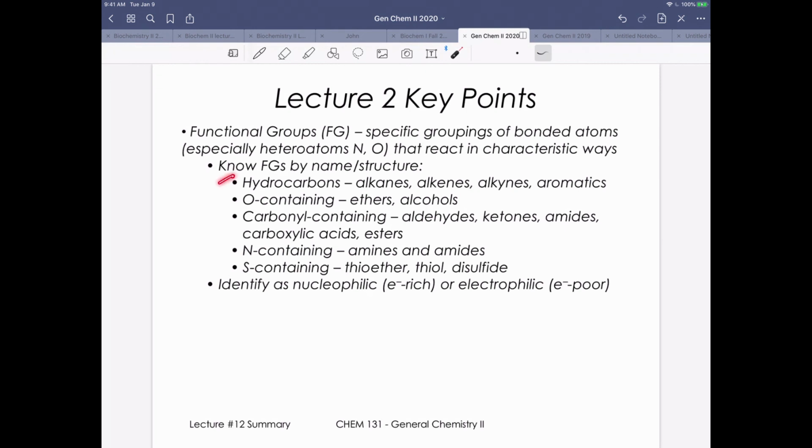In addition to being able to recognize, draw, and name all of these, I also want you to be able to look at molecules and tell me if something is electron rich or electron poor. That's just pulling in previous skills of looking at dipoles, recognizing that anything that is electron rich is going to be nucleophilic, and anything that's electron poor is going to be electrophilic.